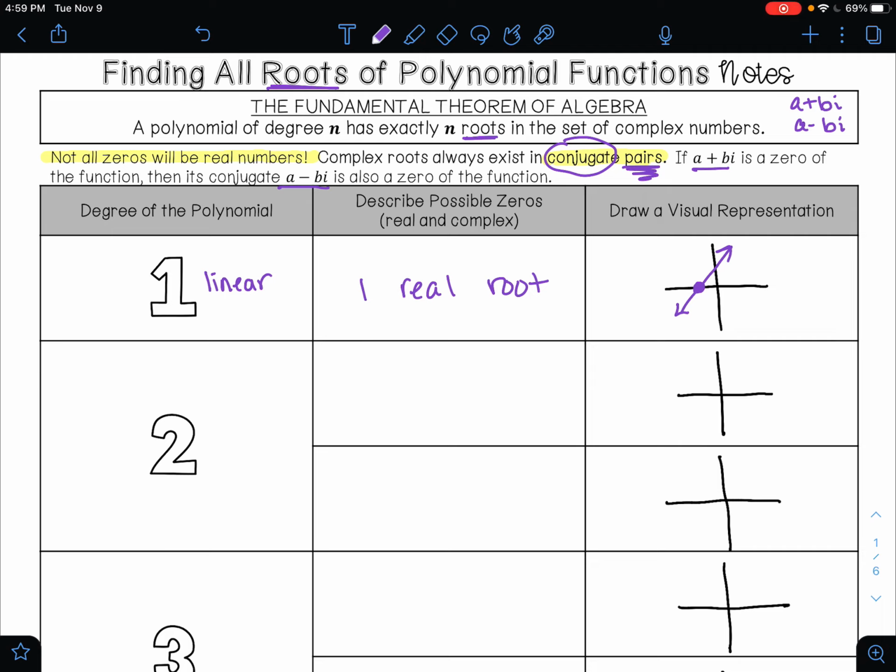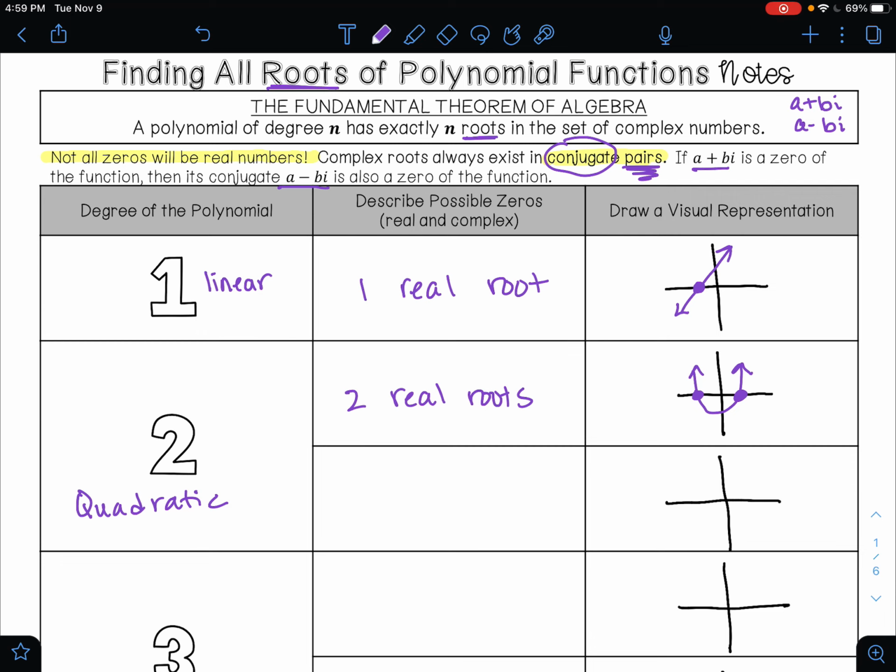If it is of degree 2, remember degree 2 is when it is quadratic. Two things can happen here. You can have two real solutions or two real roots, and that will happen when you have a parabola like this, where it crosses your x-axis twice.